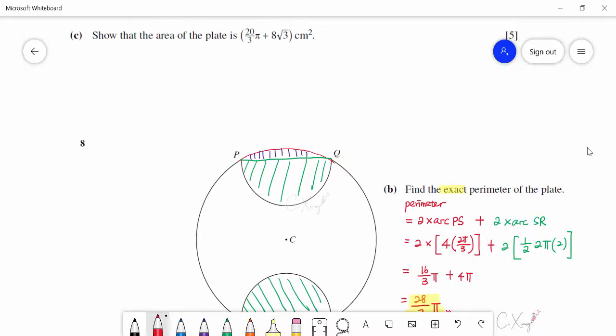All right, so we are using the formula: the area of a circle minus 2 times the area of a semicircle minus again 2 times the area of a segment.